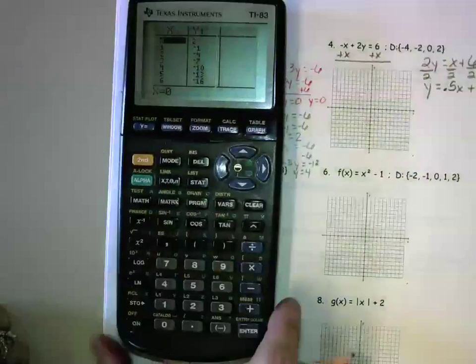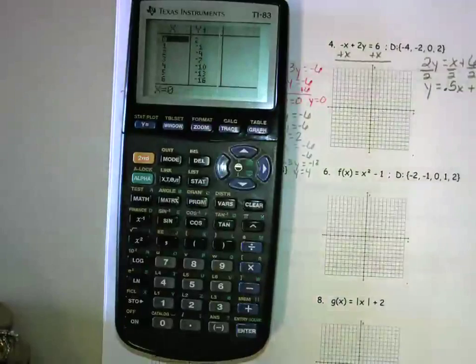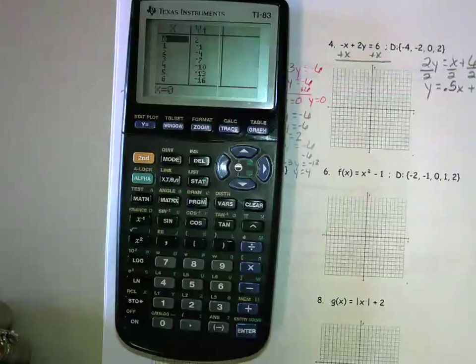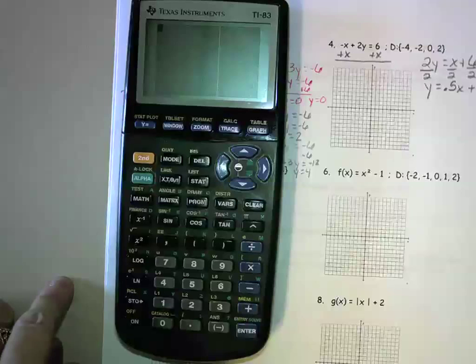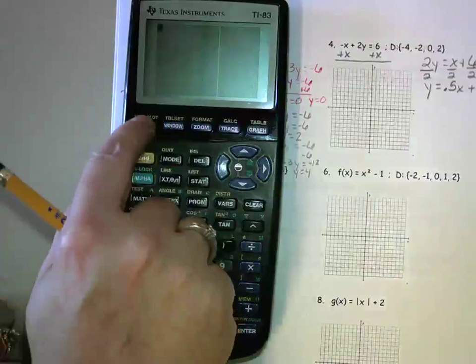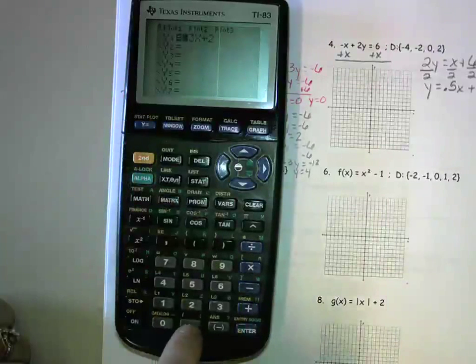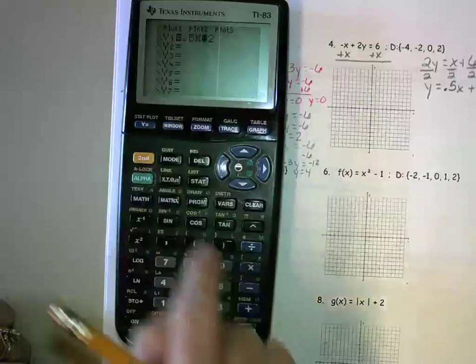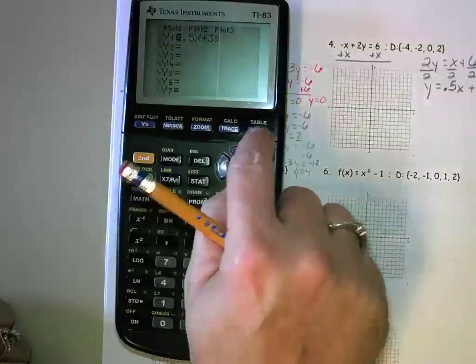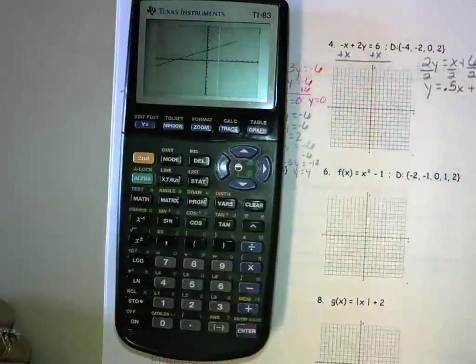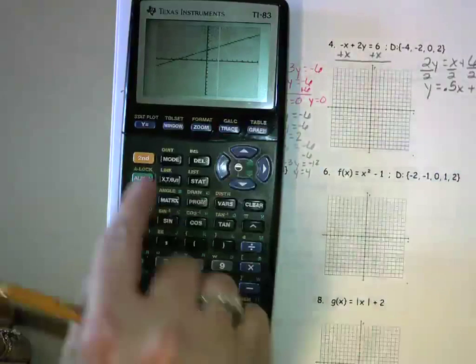The advantage of writing it like that is that now we can enter it in our graphing calculator. Second quit gets us out of there. Y equals 0.5x plus 3. You can graph it and see what your line should look like.